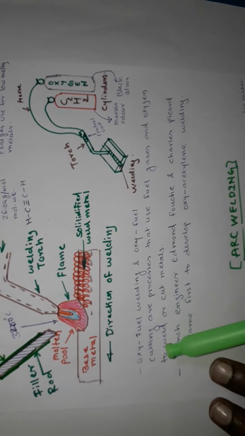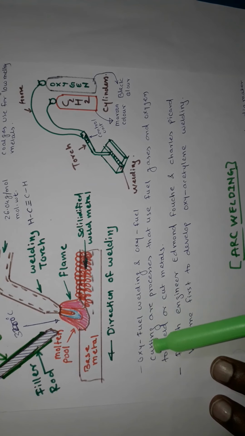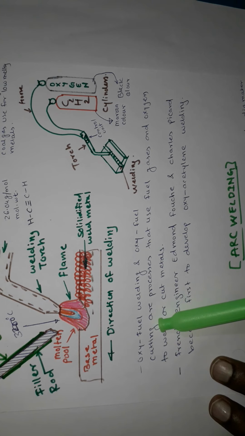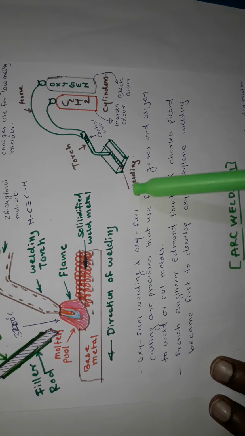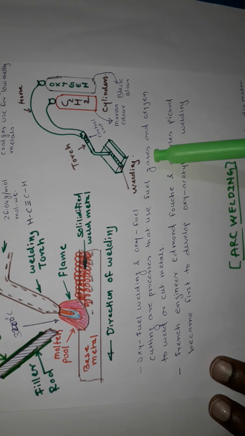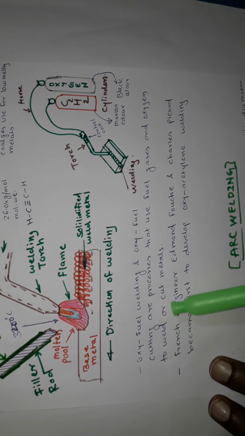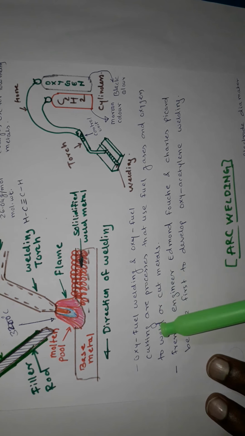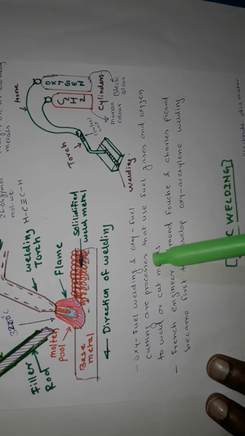So here you can see that oxy-fuel welding, or oxyacetylene welding, is also used for cutting. It is a process that uses fuel gases and oxygen to weld and cut. So we can use it for welding and also for cutting.